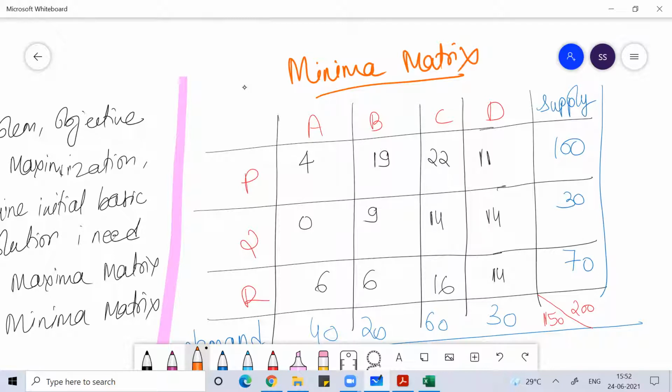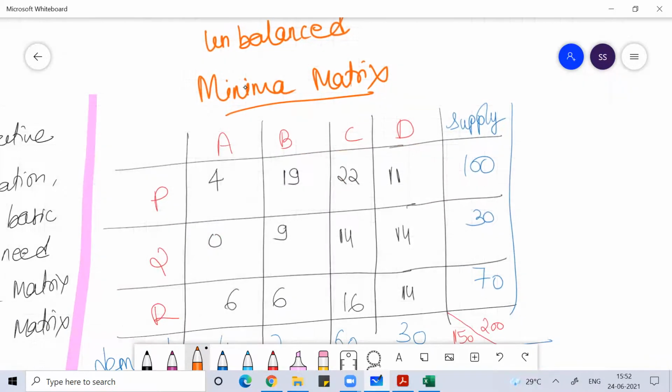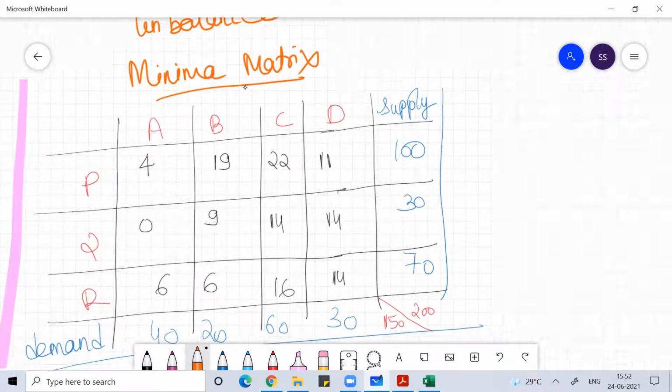You can see the total demand is 150 and the total supply is 200. So this is actually an unbalanced minimum matrix. What I need to do is make it balanced. To make it balanced, I'll add a dummy column of value 50.